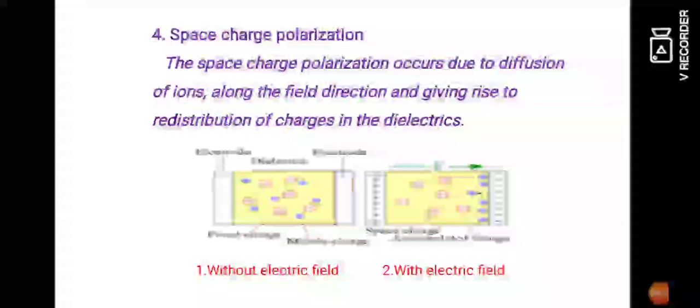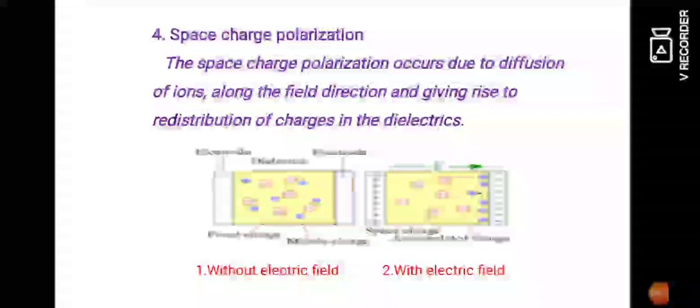Now let us see figure 1. Without the application of an electric field, the ions are present in random positions inside the dielectric material as shown in the figure. Now let us clearly see the positive and negative charges are moving in random directions. They have no perfect order.